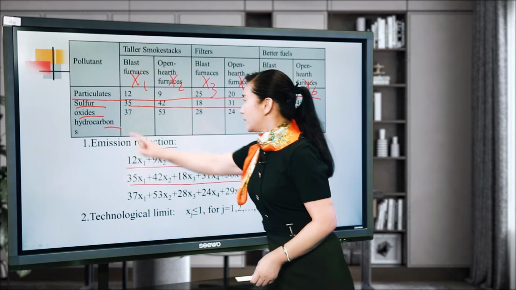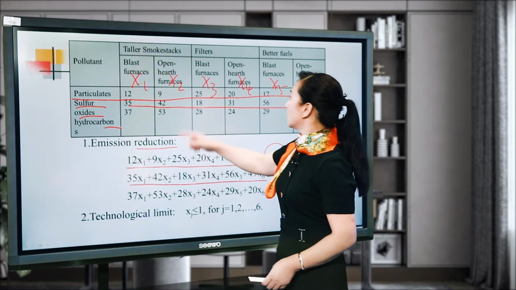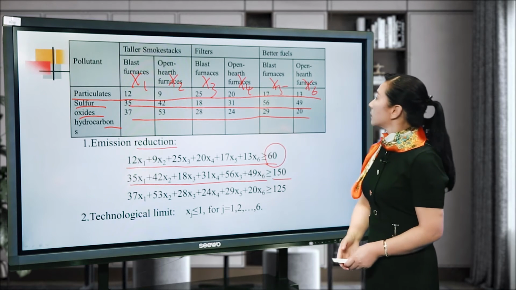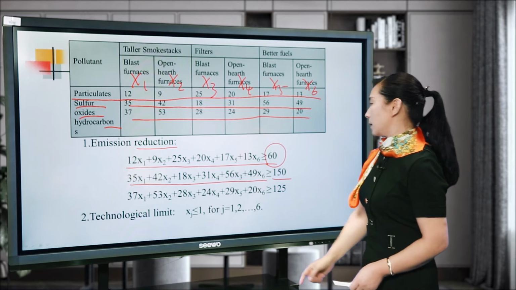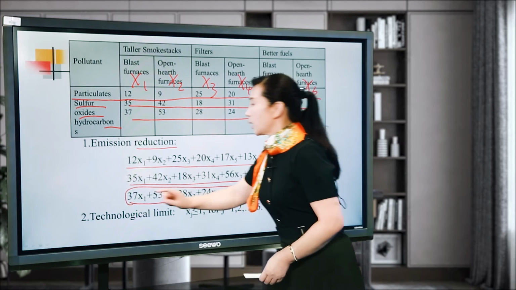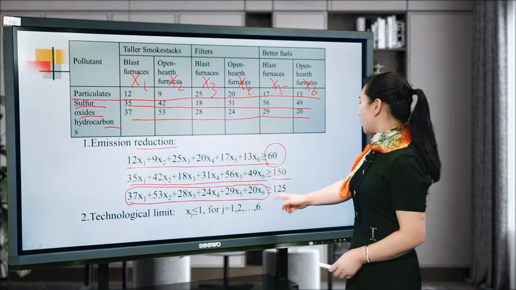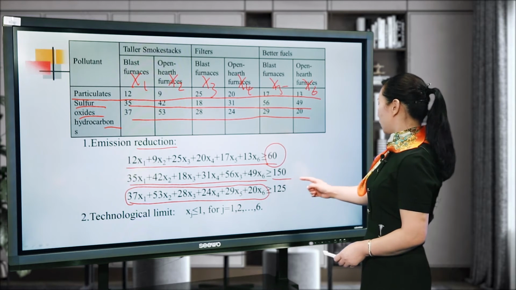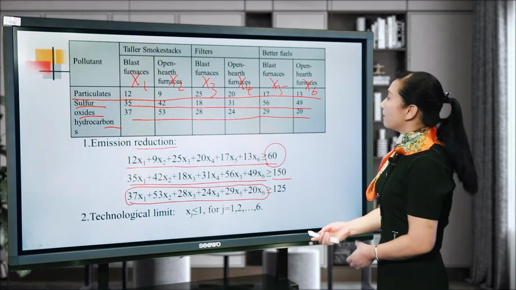And for the hydrocarbons, we use the corresponding numbers times the decision variables. We get this expression, greater than or equal to 125 million pounds.